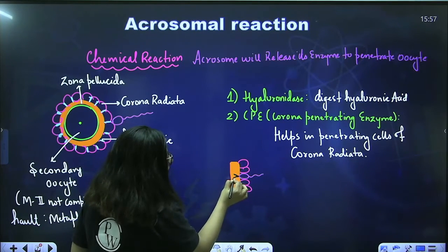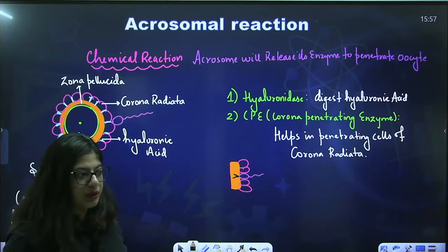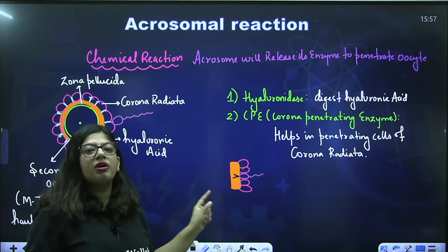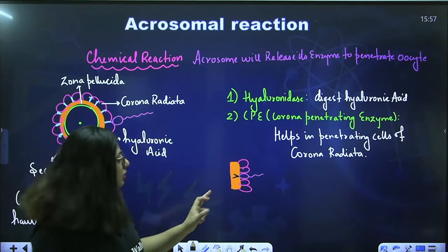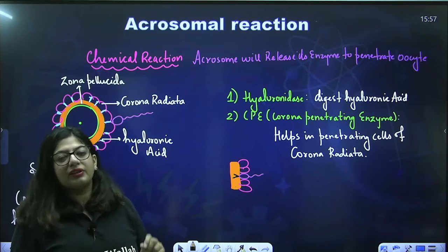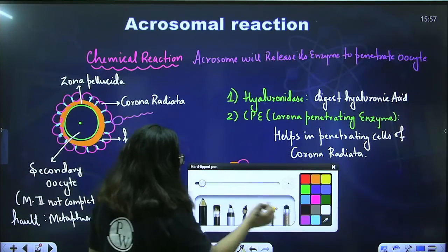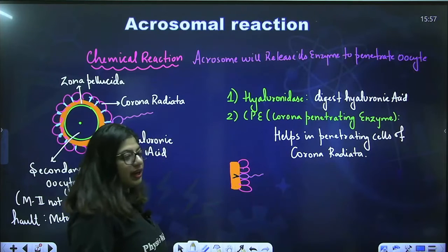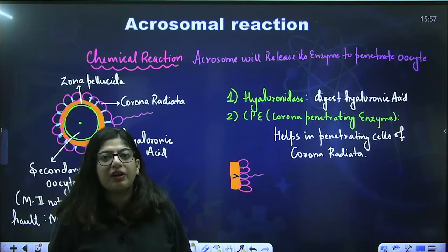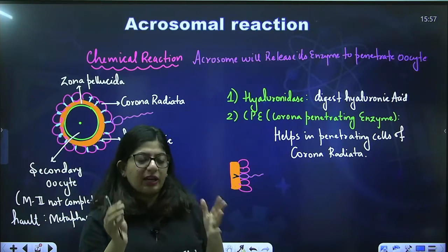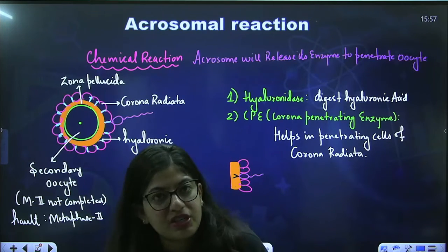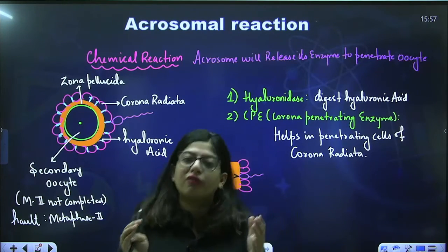If these proteins match with the proteins of the sperm, only then can the sperm enter inside. Hence we say that fertilization is species specific, that only gametes of the same species can fuse. If the gametes are of different species, they will not be able to fuse, right?